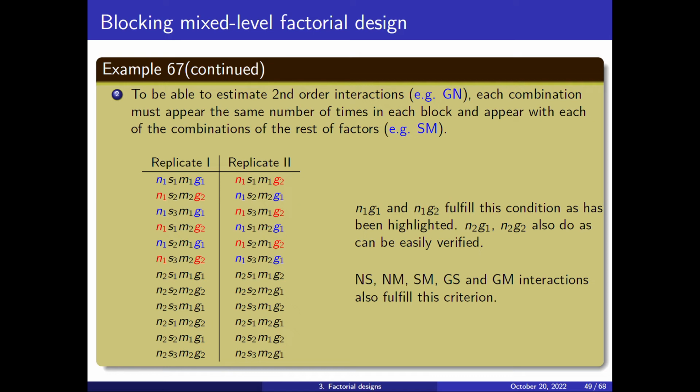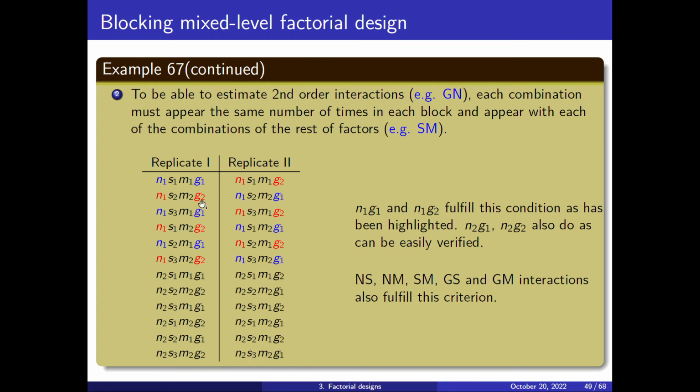To be able to estimate the second order interactions, each combination, for instance, one of them is Gn, each combination must appear the same number of times in each one of the blocks. So here we are highlighting a few of them. So we have N1G1, it appears in the first block, and it appears also in the second block.